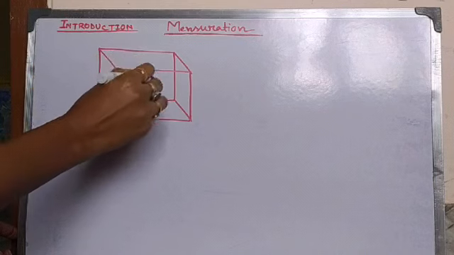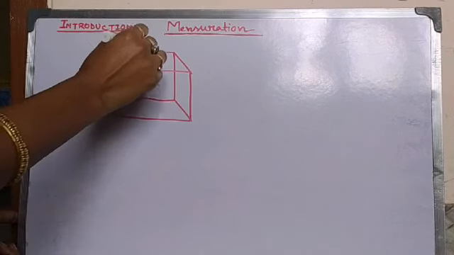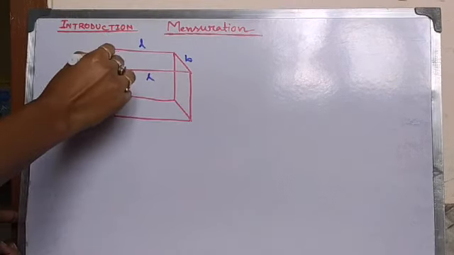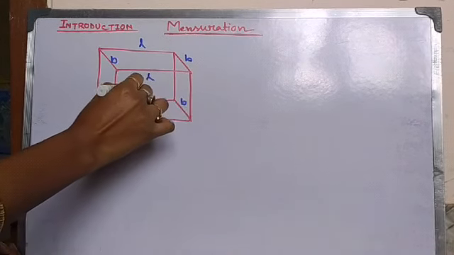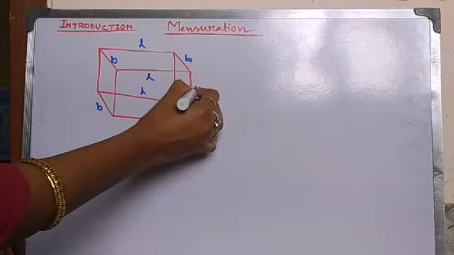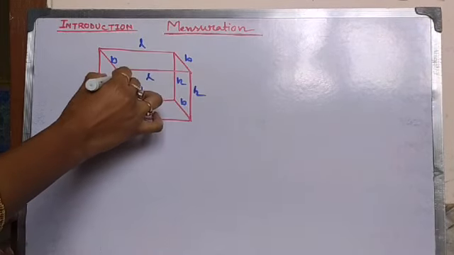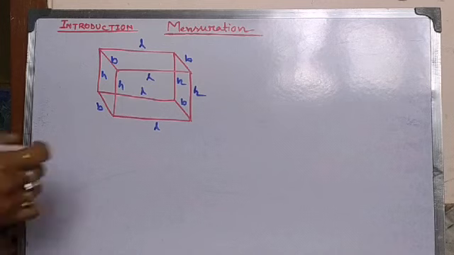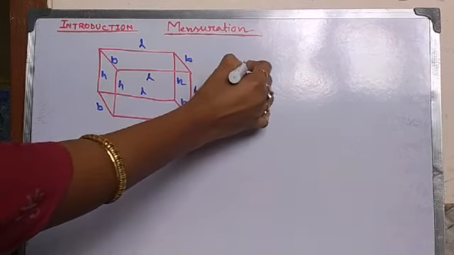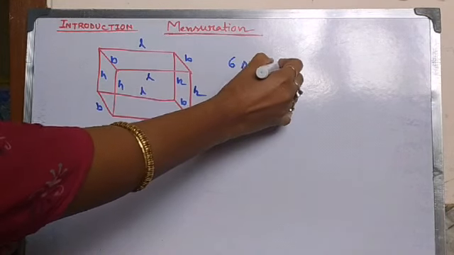Here this is length, this is breadth, this is also breadth, this is length, this is height, this also height. First we will see the total surface area, which means 6 surfaces in total.